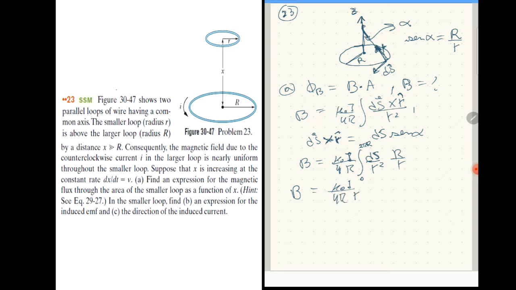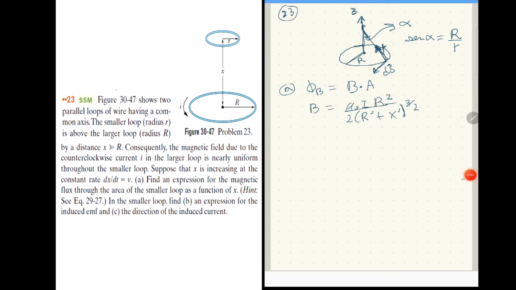You have r lowercase to the third, and you have this expression here. When you integrate the ds, you get 2 pi R uppercase.